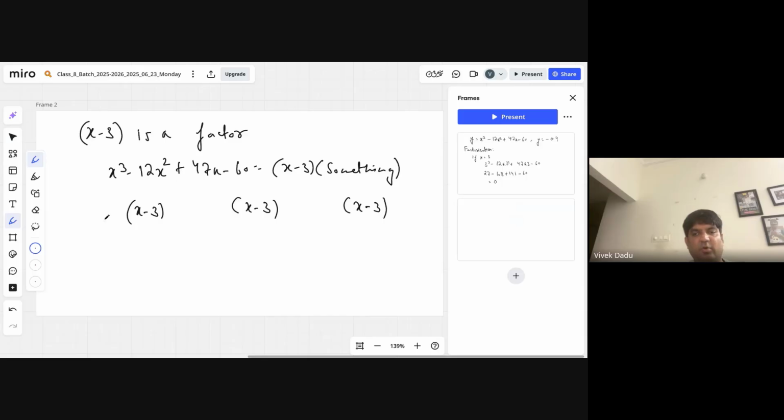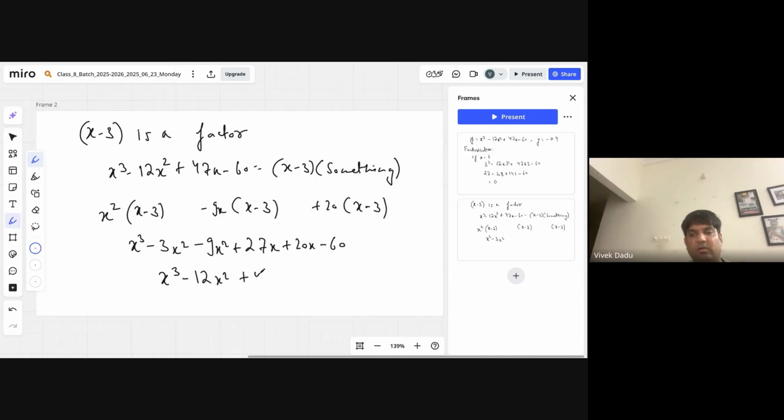You check, you want to get x cube, so you multiply by x square. Then minus 9x plus 27x and plus 20x minus 60. So x cube minus 12x square plus 47x minus 60. This is what you get.